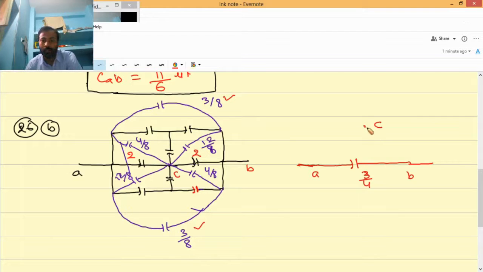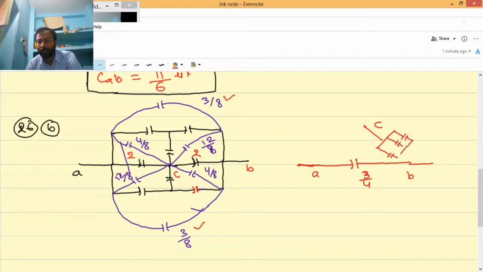Now in between A to C and C to B there will be 3 parts. So how we will be doing is, there will be 3 parts in between. One part consider, second part consider, then we will consider 3 parts. So we have to evaluate like this. A to C has 3 parts, and C to B has 3 parts.